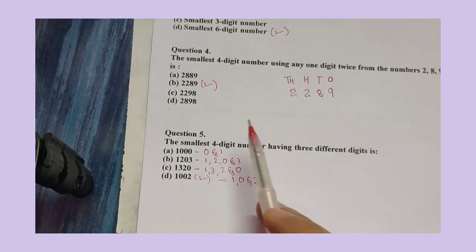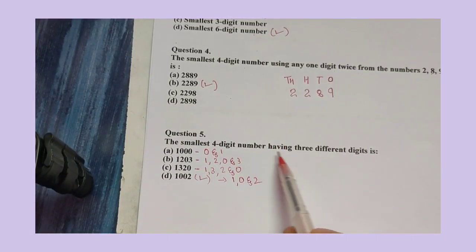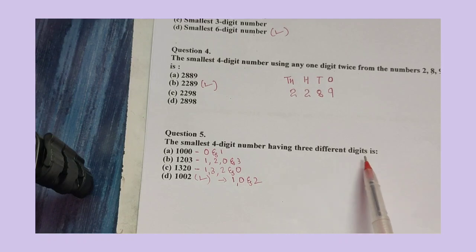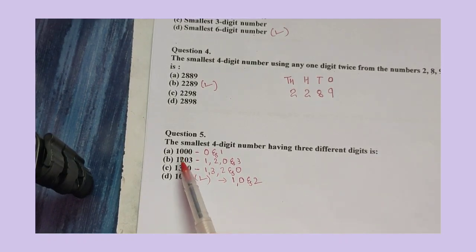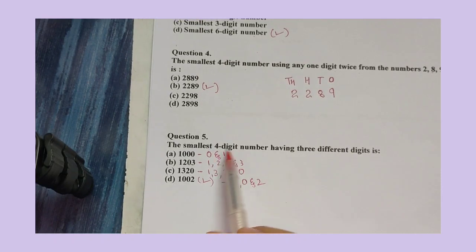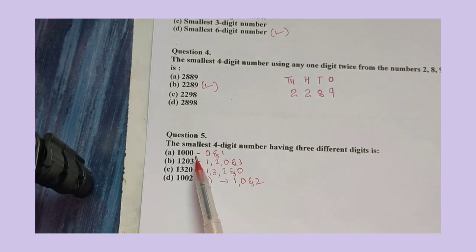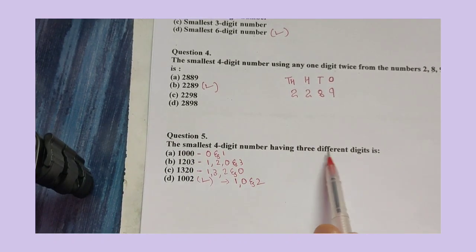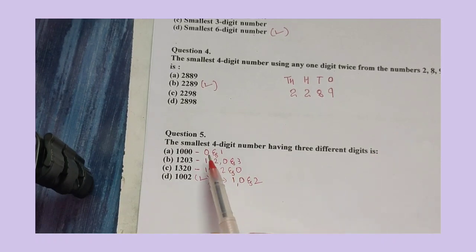Moving on to question number 5: the smallest 4-digit number having 3 different digits, right? 3 different digits should be used. As we move through the options, option A is 1000. We all know that the smallest 4-digit number is 1000, but 3 different digits should be there, and here only 0 and 1, 2 digits, are used.